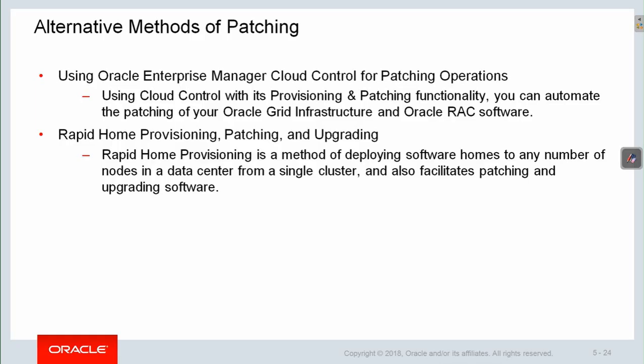Enterprise Manager provides a provisioning function and a patching function, so using that method, we can patch grid infrastructure and Oracle RAC database software in a large IT environment. Or we have Rapid Home Provisioning, patching and upgrade, which is another method that we can use.